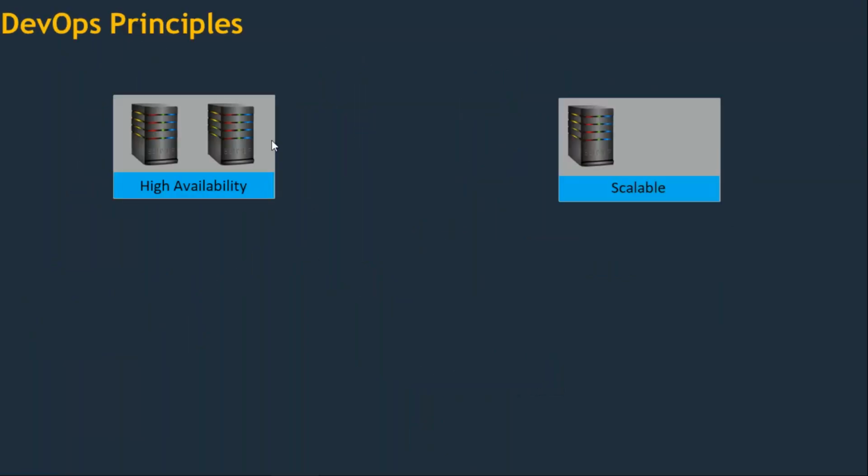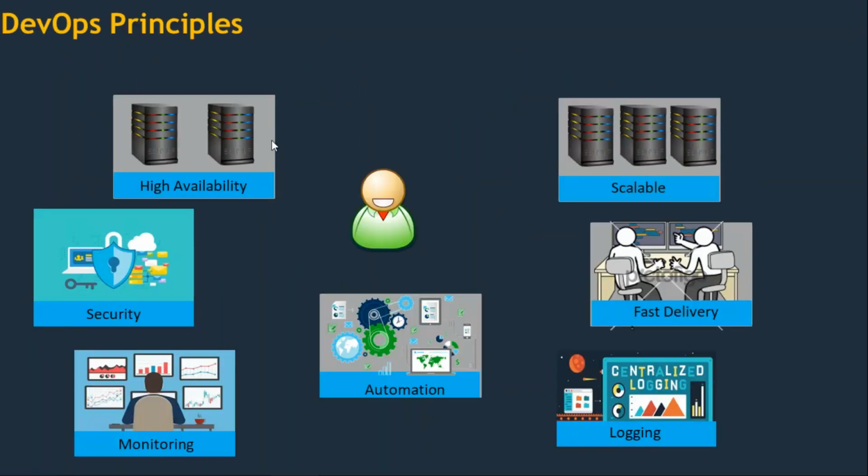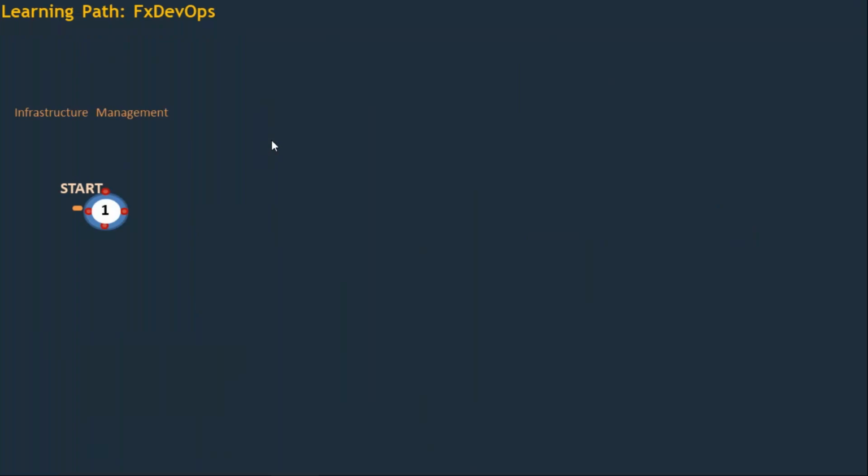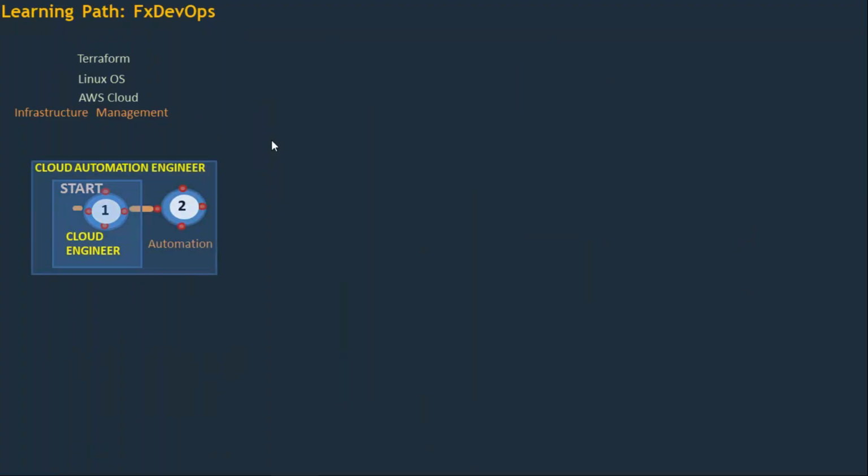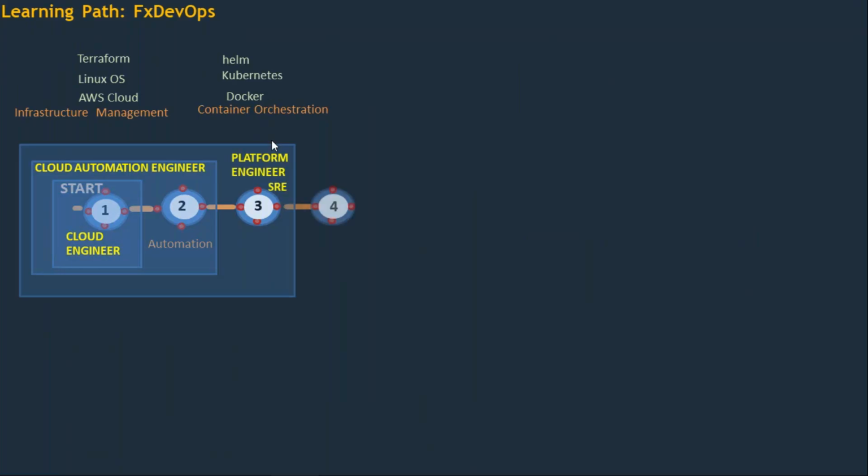So from the learning perspective, as I said, we'll start with the infrastructure part. Initially we start with AWS, Terraform and Linux. Once that is done, we will move towards automation, then to containerization technology like Kubernetes, Docker, Helm.